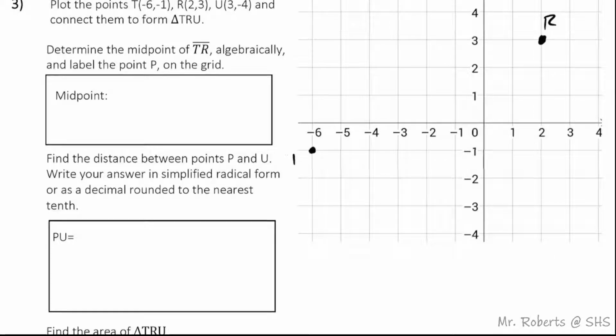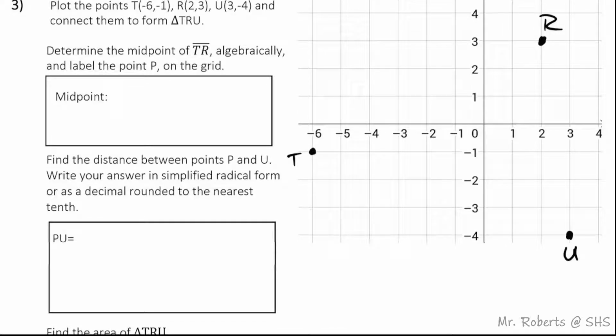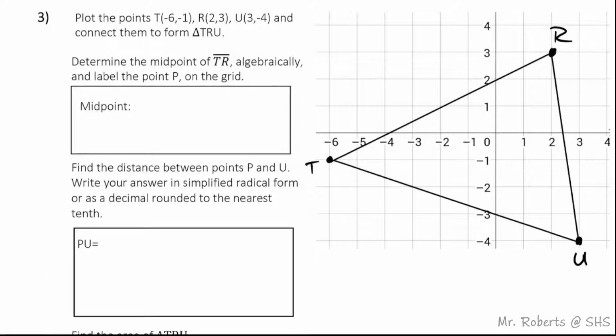There's R. There's T. And my last point is point U. And point U is at 3, -4. And it says connect them to form a triangle. So there they are connected.